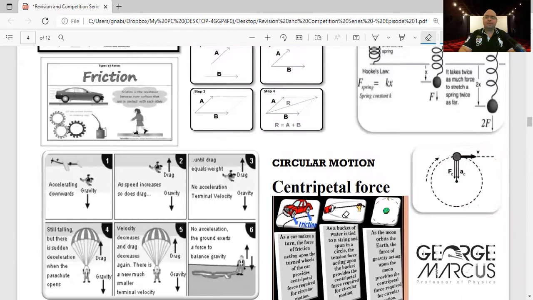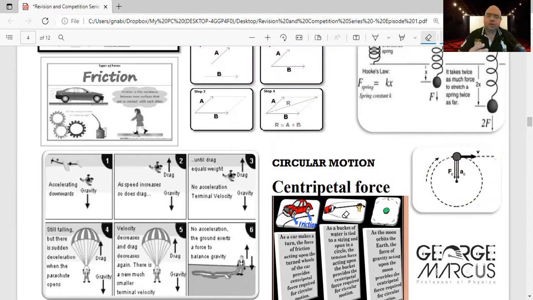One of the very famous examples of friction is air resistance or drag. Let's imagine an object falling through air. What's going to happen? 3 stages. Do you remember this? At the beginning, it falls with constant acceleration, which is gravitational acceleration, g.